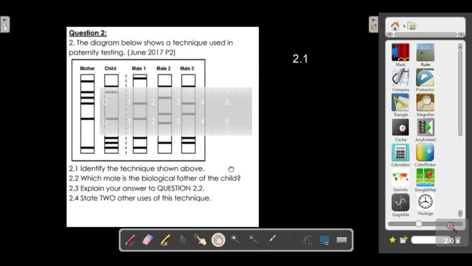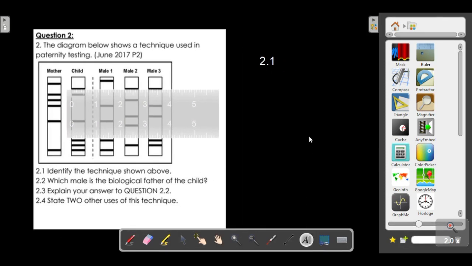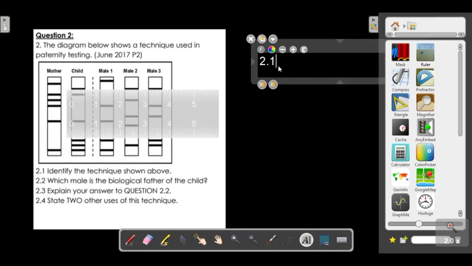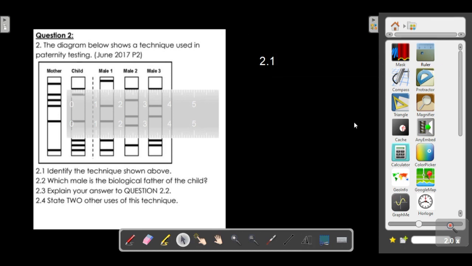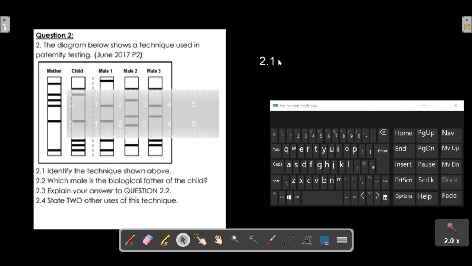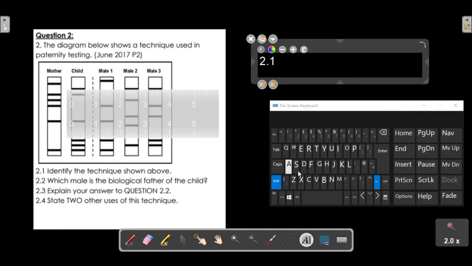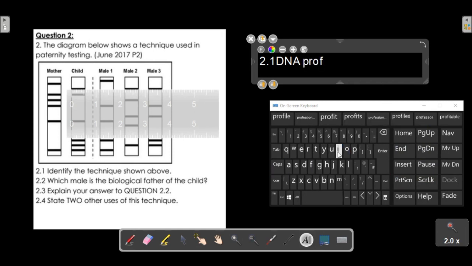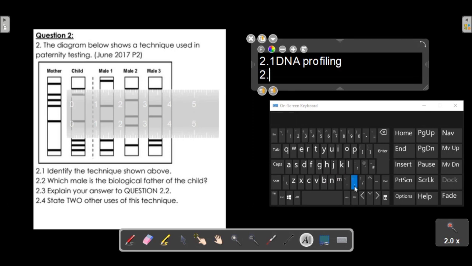The first question says identify the technique shown above. This is what we call DNA profiling, that's the technique, so that's your answer there. And then question 2.2 says which male is the biological father of the child?